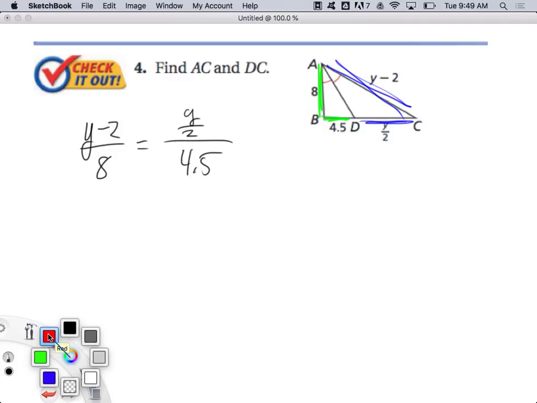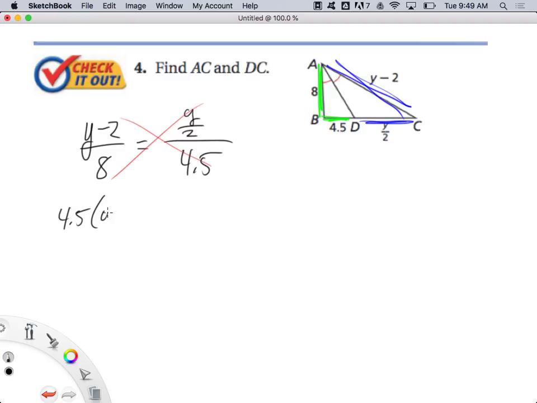And I can cross multiply here to make my life a little easier. And I get 4.5 times y minus 2 equals 8 times y over 2. Distribute that in, it becomes 4.5y minus 4.5 times 2 is 9 equals 8 divided by 2 is 4, so it's 4y.